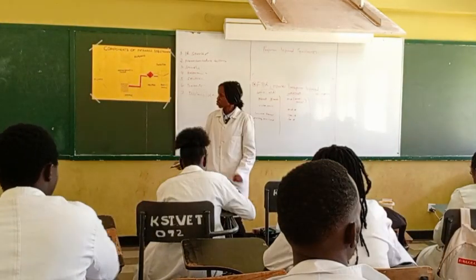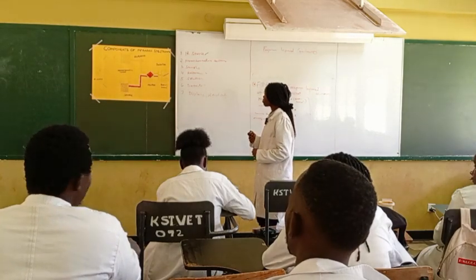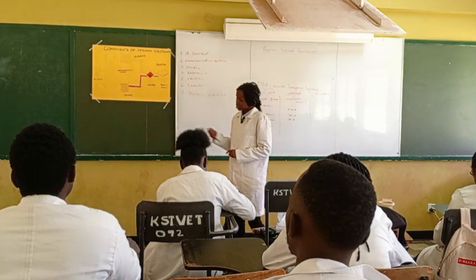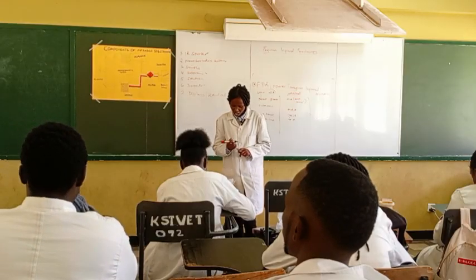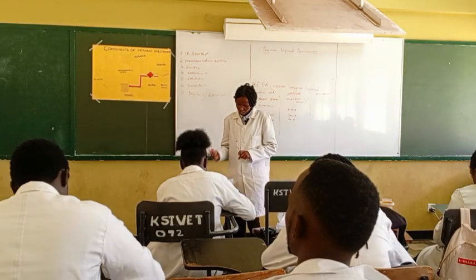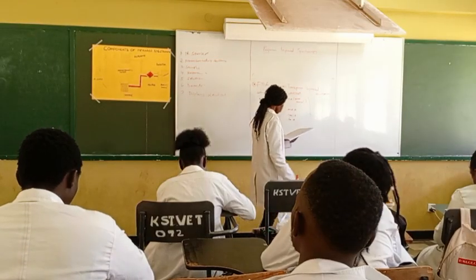I think those are the ones most likely to be encountered during the analysis. Then we have the signal processor and the recorder. It converts the electrical signals from the detector into the visible spectrum.